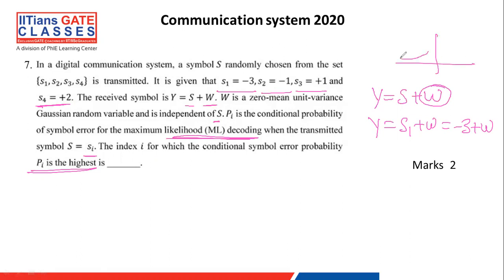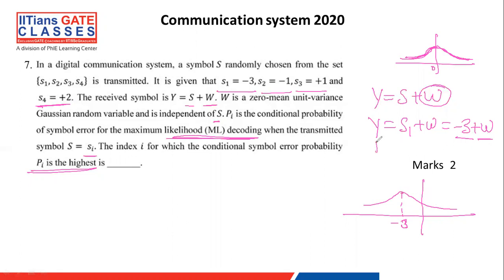So its probability density function will look like this, a Gaussian graph with mean 0. Now we are adding -3 to it. When you do the PDF of this, it will get shifted by 3. It is -3, so now the mean is -3.